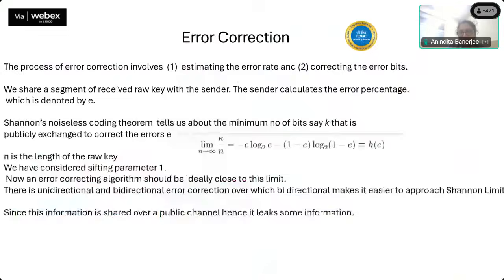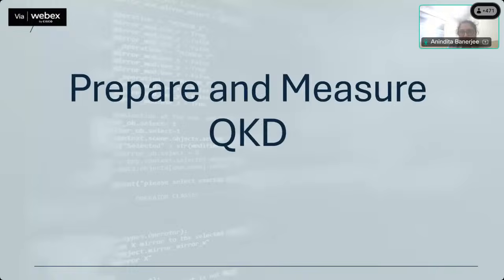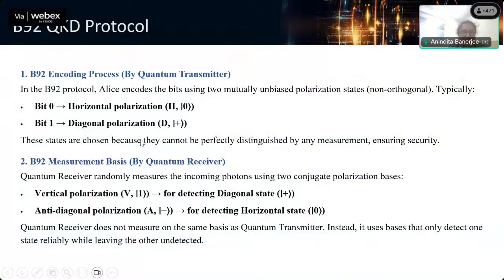All 4 states were used. But now in B92, there is an optimization, and it's very interesting to understand. Only 2 non-orthogonal states are used. It is using the non-orthogonal property. It is using the no cloning theorem. You cannot clone non-orthogonal states with certainty. So it is using both.